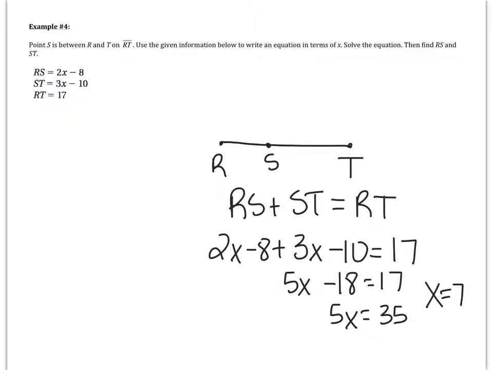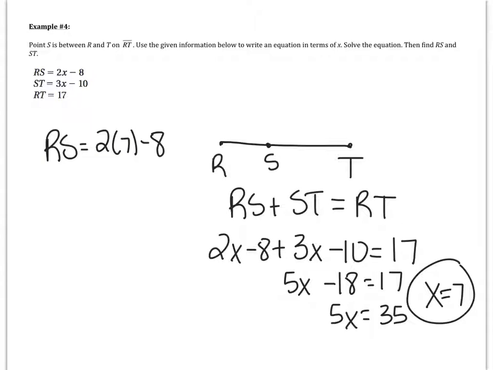So it said write an equation in terms of x, solve the equation. So we know that x equals 7. And then it says find RS and ST. Well, now that we know that x is 7, I can substitute that back in up here and find out that RS is equal to 2 times 7 minus 8.